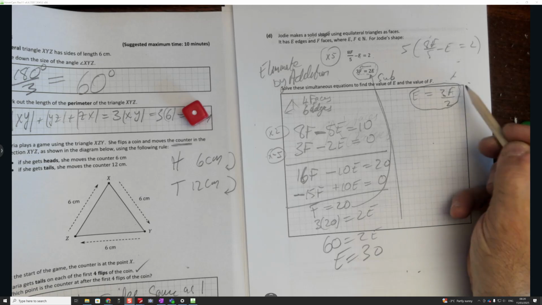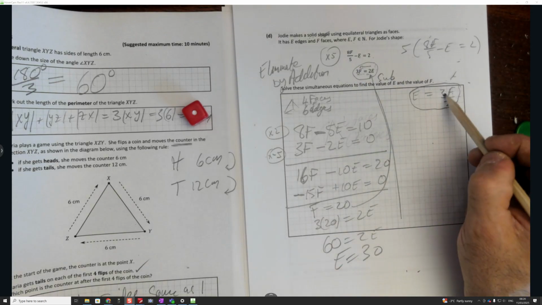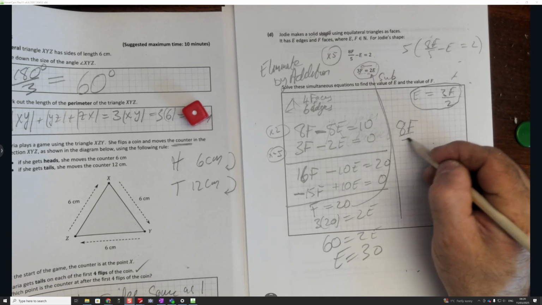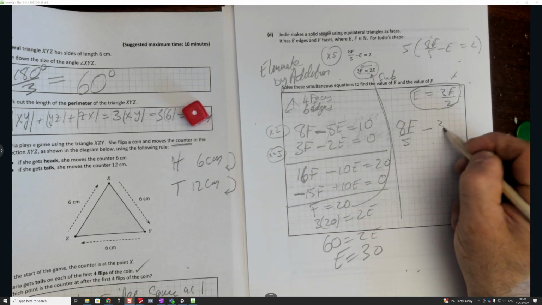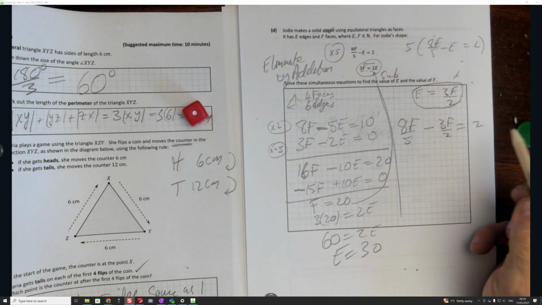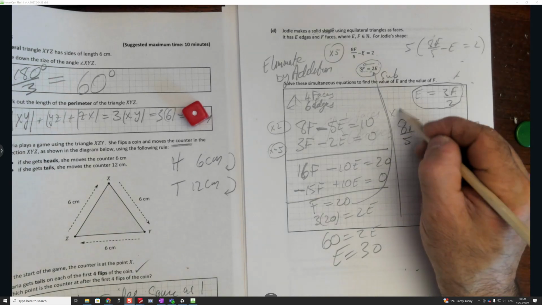So that's a substitution. So every time I see E up here, I'm going to put 3F over 2. I'm going to get 8F over 5 the first term, minus 3F over 2 the second term, equals 2. Now, to clear the 5 and the 2, I can multiply across by 10.